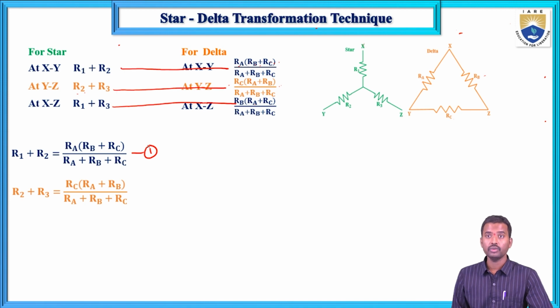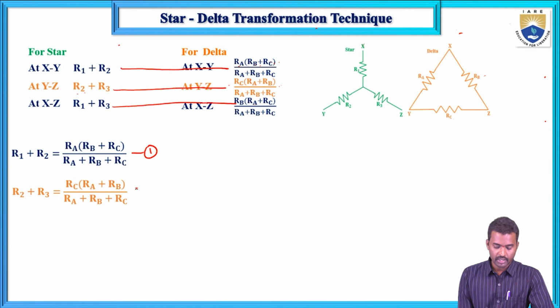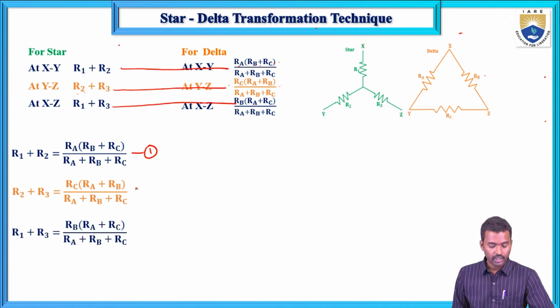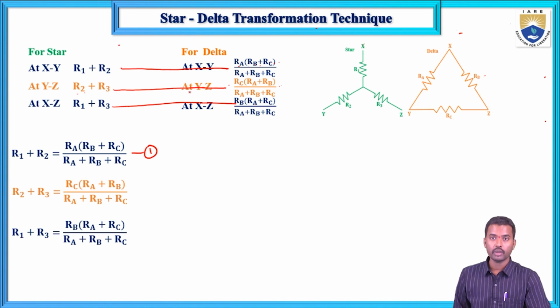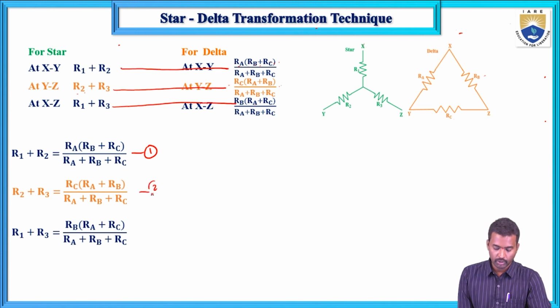Next R2 plus R3 equals RC into RA plus RB divided by RA plus RB plus RC. This is equation number 2. Third one, R1 plus R3 equals RB into RA plus RC divided by RA plus RB plus RC. This is equation number 3.